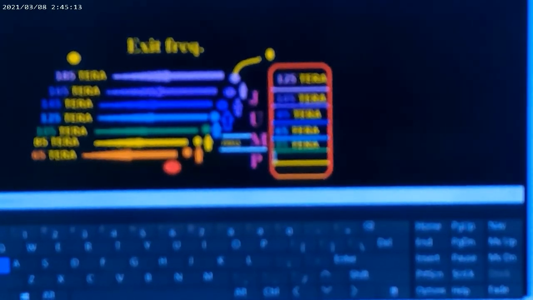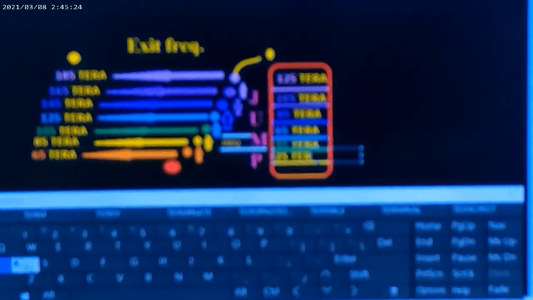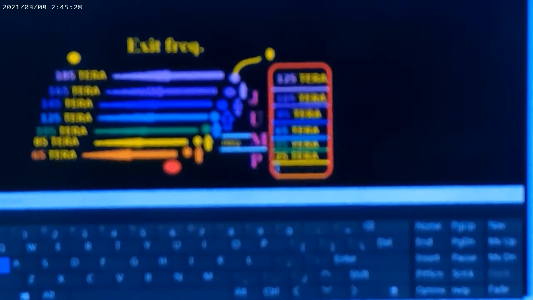Alright. 45 terahertz for the jump frequency for the mountain shell. I'm going to go 25 terahertz for the lying shell.